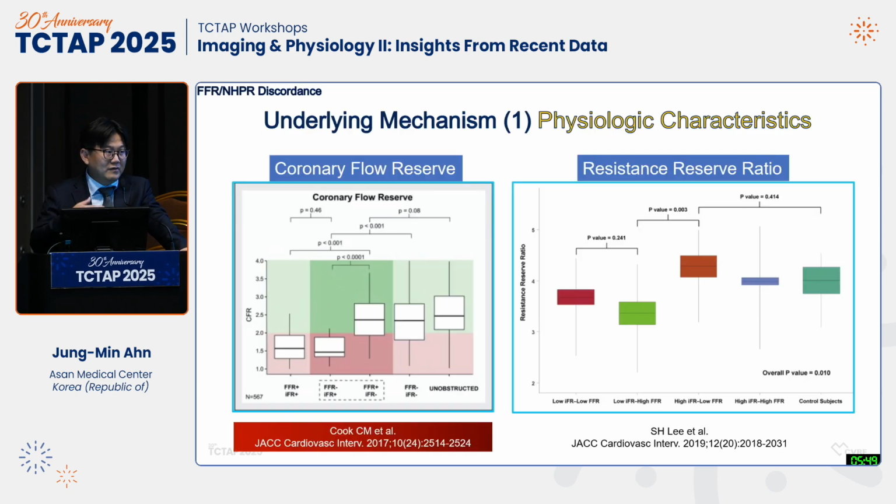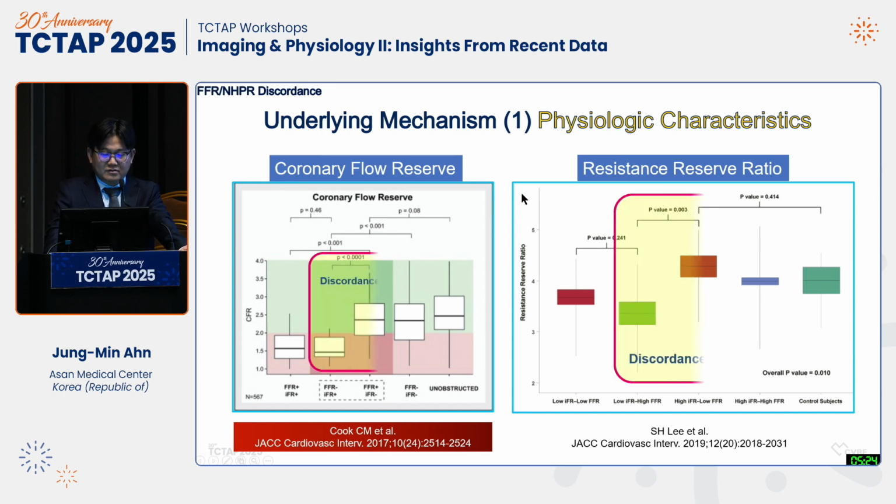So what is the underlying mechanism? Previously, some investigators evaluated the physiologic characteristics of discordant lesions. FFR-positive discordant shows very high CFR. iFR-positive discordant shows low FFR. Similar findings applied to the resistance reserve ratio.